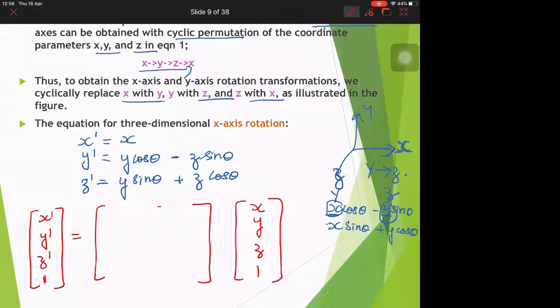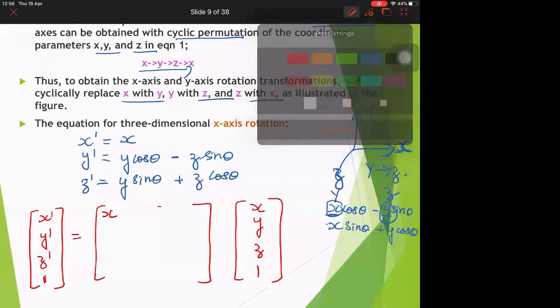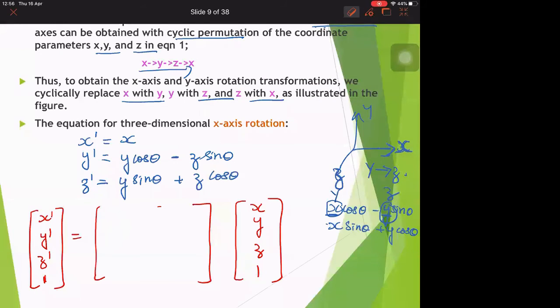So what will be my x? X remains x itself, right? So that will be 1, because 1 into x is x, plus everything else is 0 here. So I'll keep everything else 0.